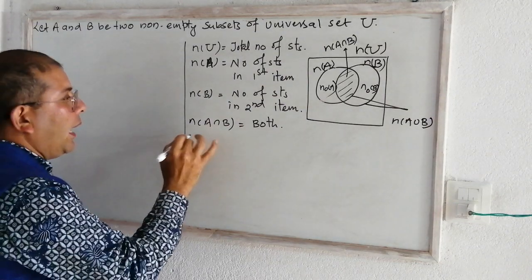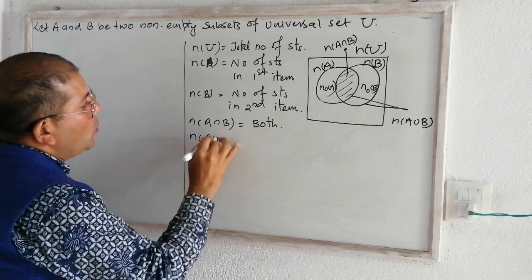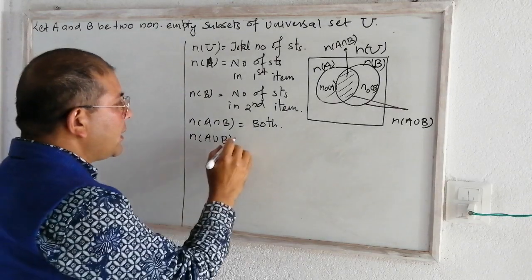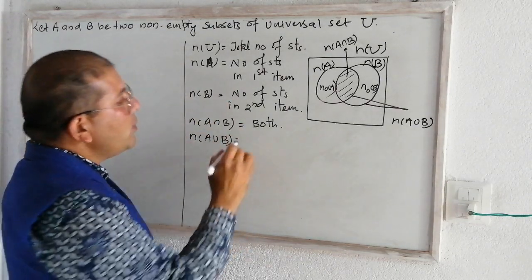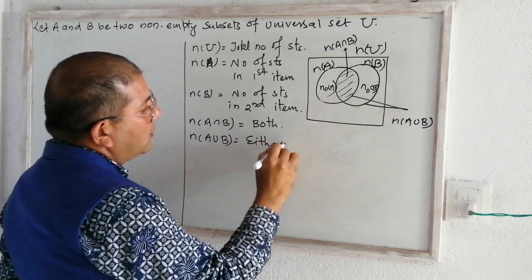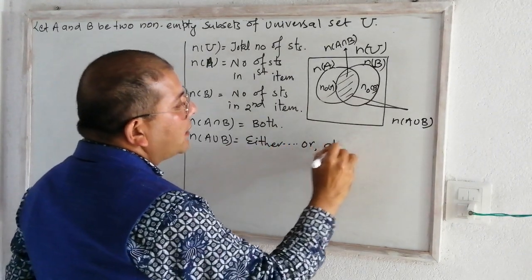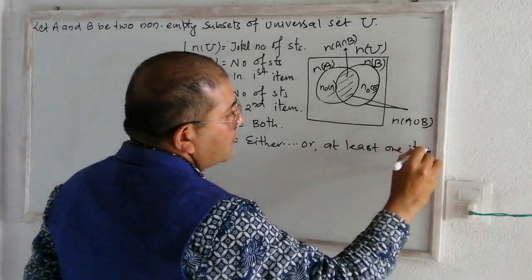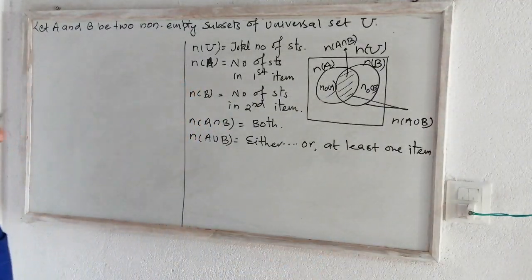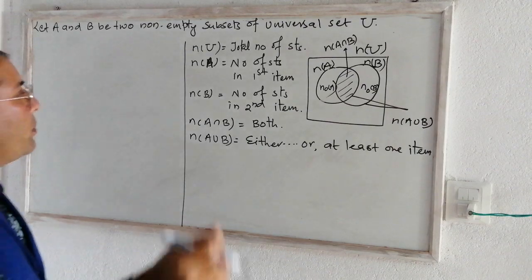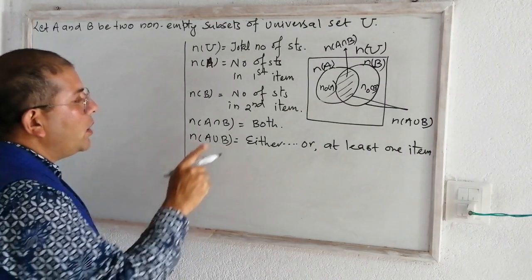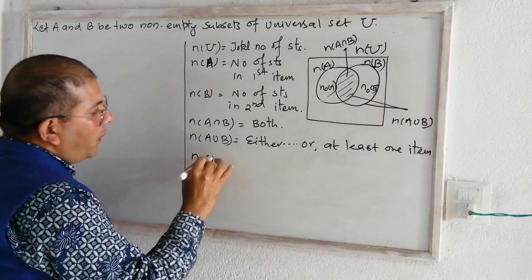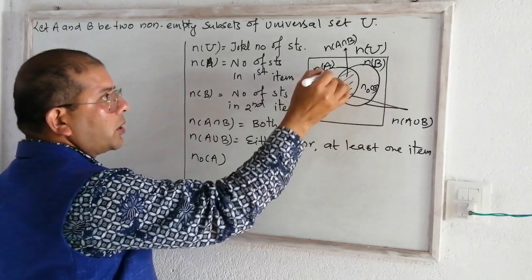And n of A union B is the combination of these two circles. So this is said in your language as either or at least one item. If there is either or at least one item, you should be clear it is A union B. Again, n naught of A is this portion.